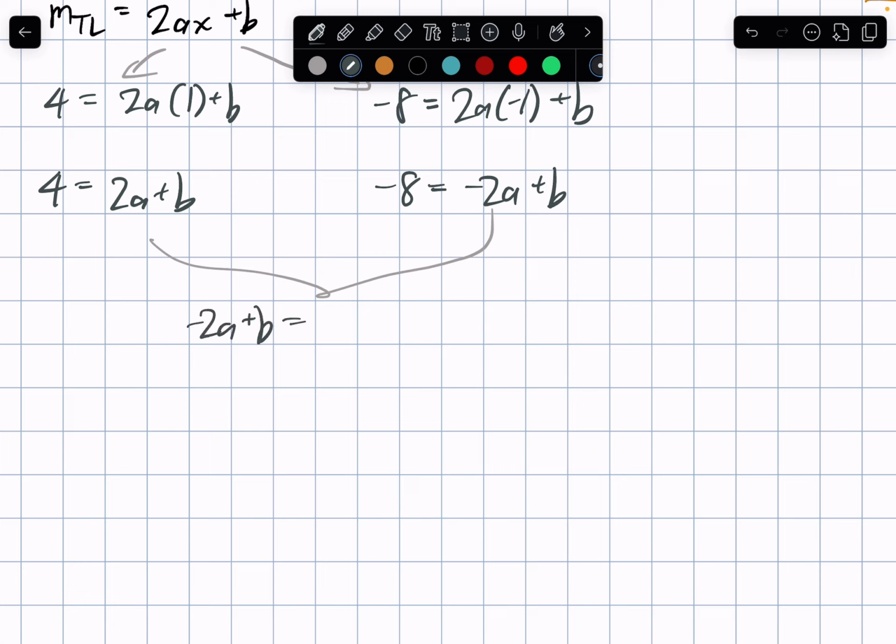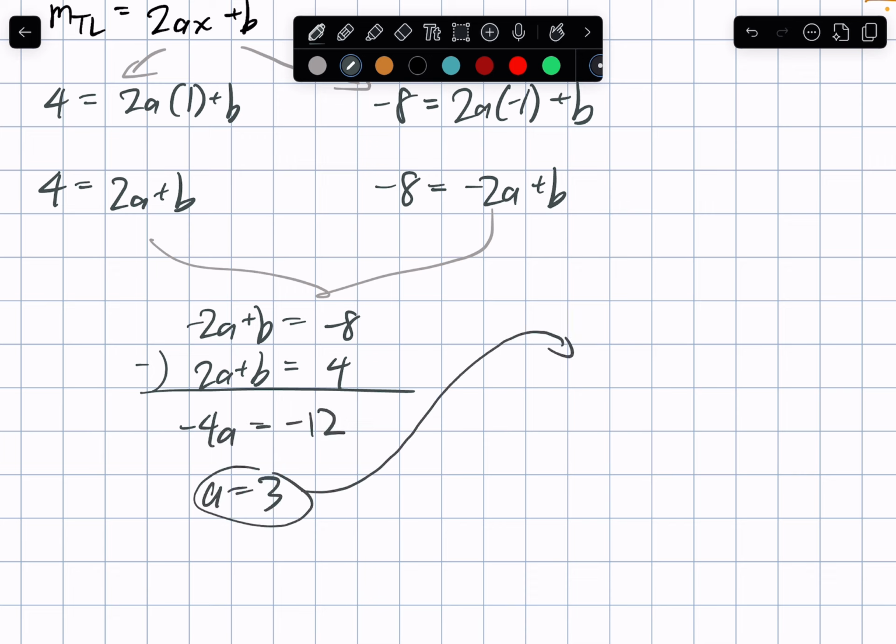Negative 2a plus b equal to negative 8. 2a plus b equal to 4. Negative 4a equal to negative 12. A is equal to 3. 2 times 3 plus b equal to 4. B is equal to 4 minus 6. B is therefore equal to negative 2.